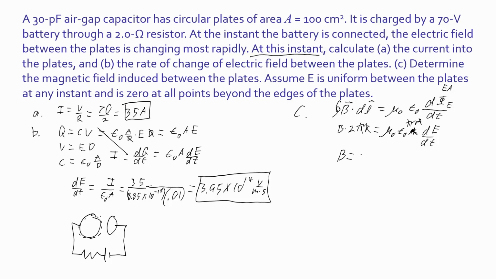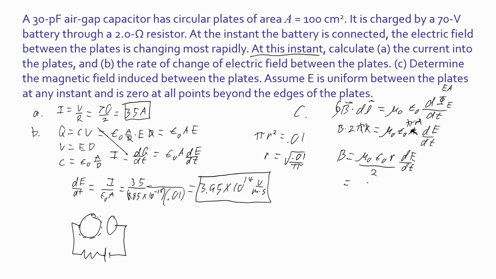So we're going to get B equals mu naught epsilon naught times r times dE/dt all over 2. So I know that pi r squared is equal to 0.01, so r is going to be the square root of 0.01 over pi.